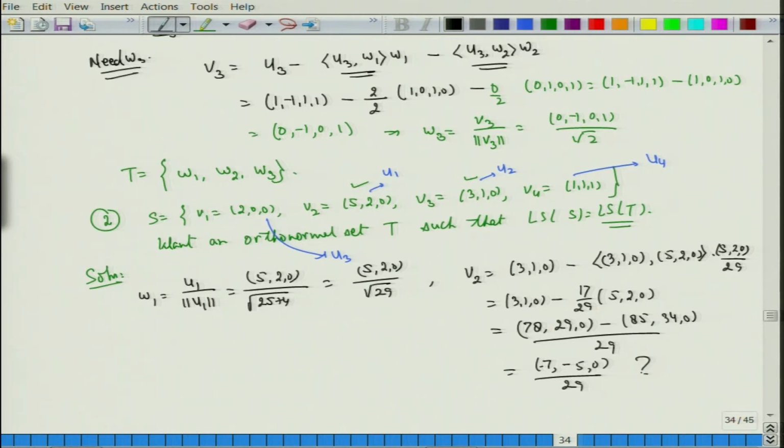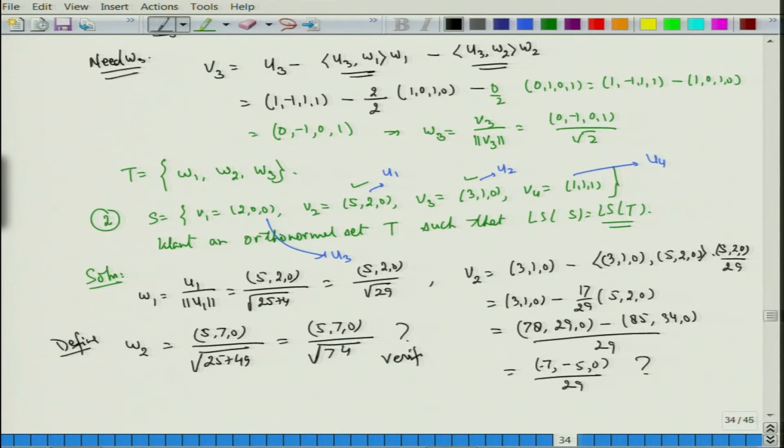Fine, whatever it is, I define my W2 as (-7,-5,0) divided by the square root of 25 plus 49. Please check and verify that yourself; that is your question.